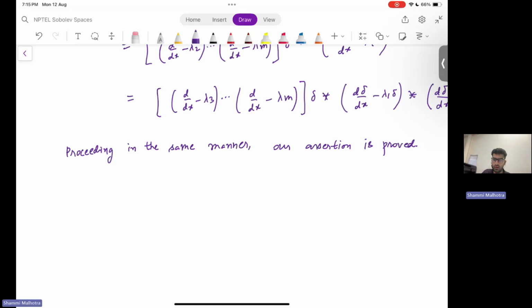So now we will have some questions based on the Fourier transformation. We will see some not so trivial Fourier transformation questions, basically Fourier transformation of distributions.